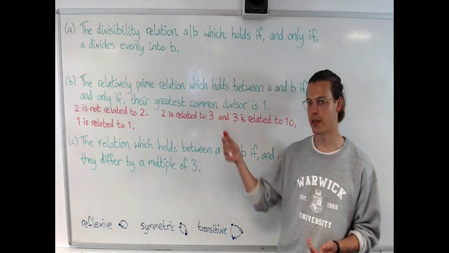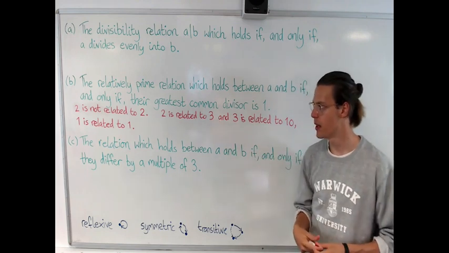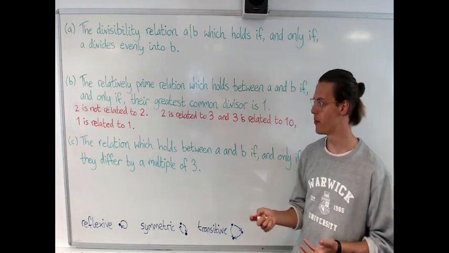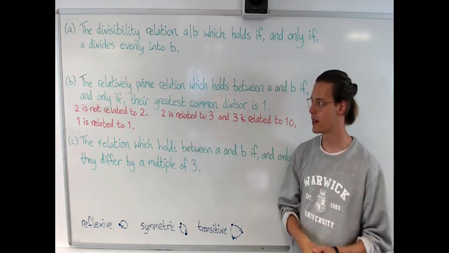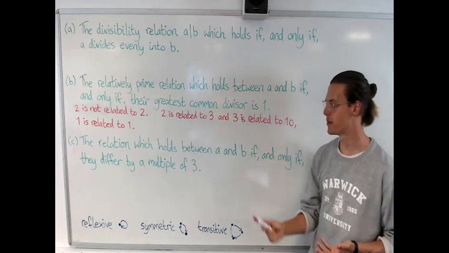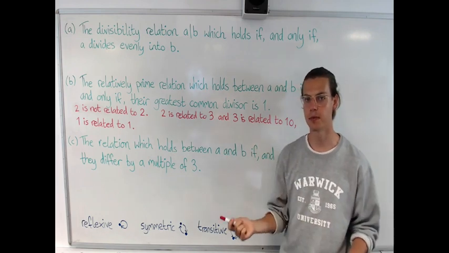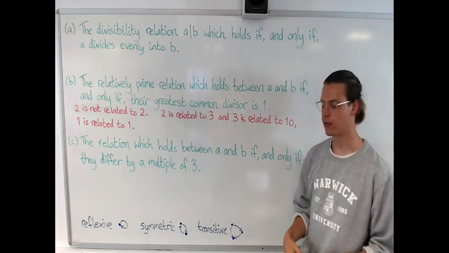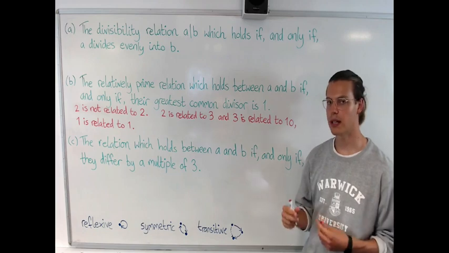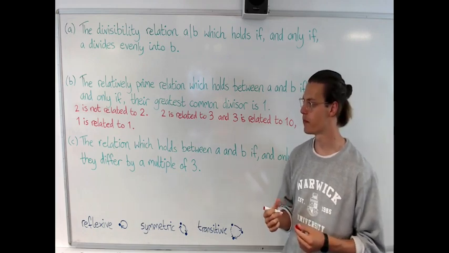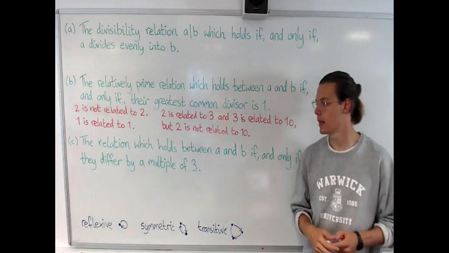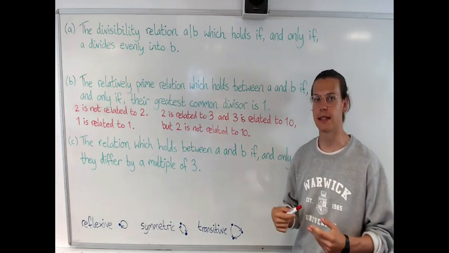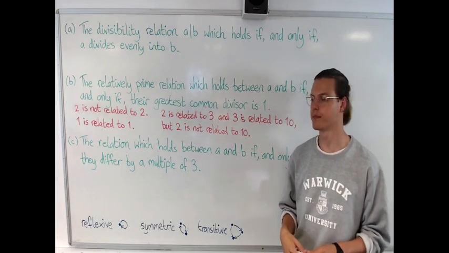Now, if this were a transitive relation, then we would be able to conclude that 2 is related to 10. But in fact, the greatest common divisor of 2 and 10 is 2, not 1. They are not relatively prime. 2 is not related to 10. And so this relation is not transitive.